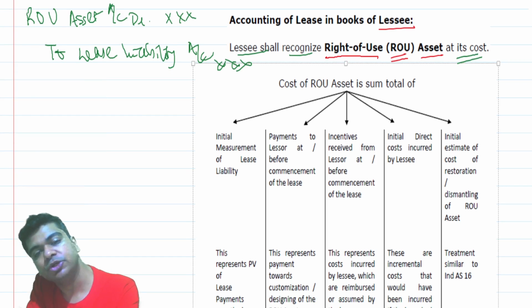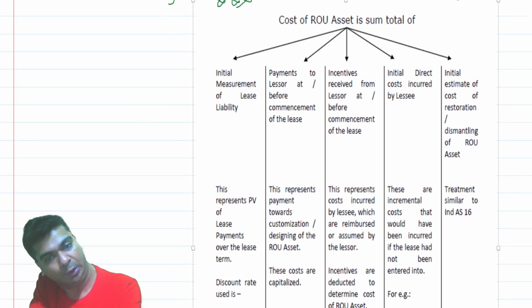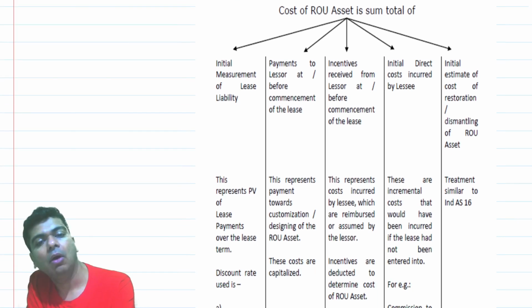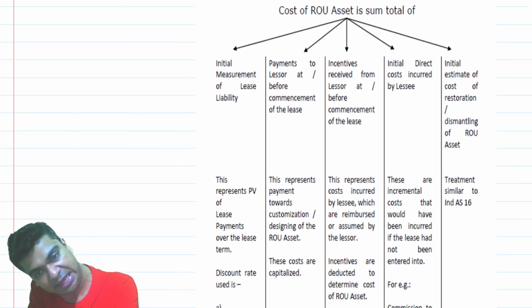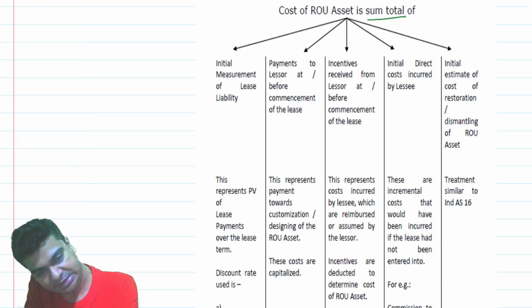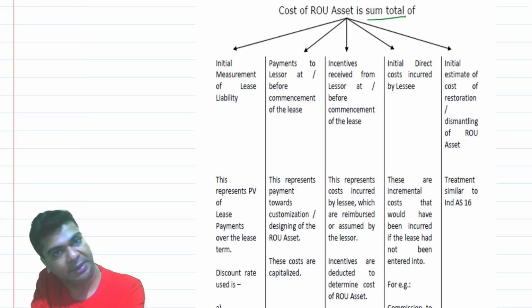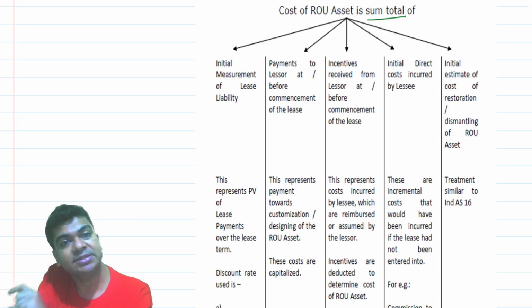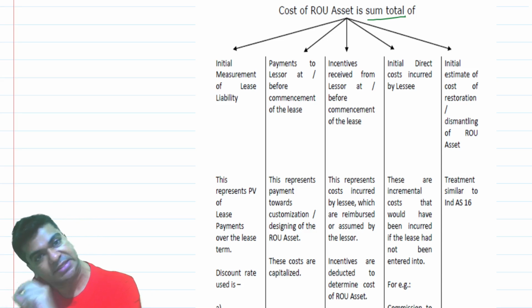So how are we going to determine the cost of the ROU asset? Here it is. They are saying cost of ROU asset is the sum total of the following. The first thing that we will consider is the initial measurement of the lease liability. What exactly comprises the lease liability? That is a separate discussion.